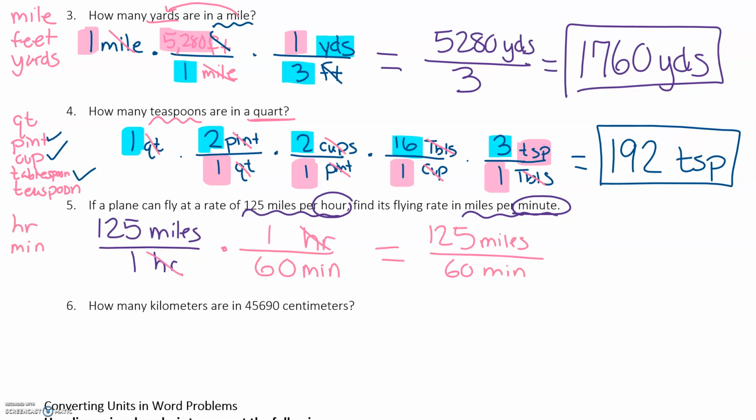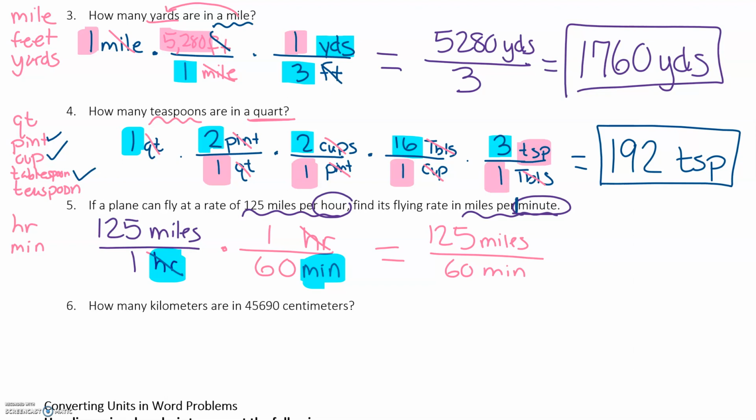All right, so hopefully you recognize all you needed to be doing was changing your hours down to minutes. So you needed to set up your fraction so you had the hours on the top so they would cancel and the minutes on the bottom. So 1 hour is 60 minutes. Then when you multiply across, you're going to get 125 miles divided by 60 minutes. Now, this is not the final answer because we wanted in miles per 1 minute, per just one.